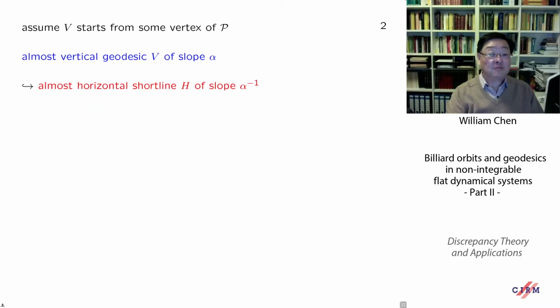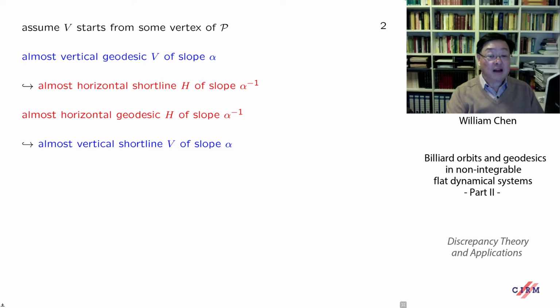Let's now assume that V starts from some vertex of the L surface P. Then the short line itself is a geodesic of slope alpha. It has its own short line, which is almost vertical, and has slope alpha.